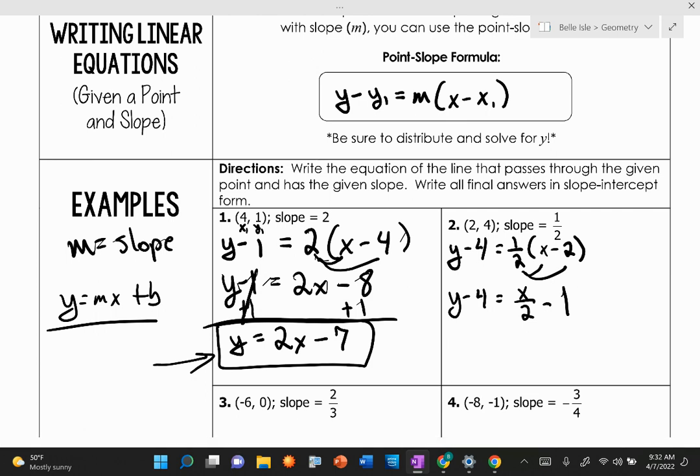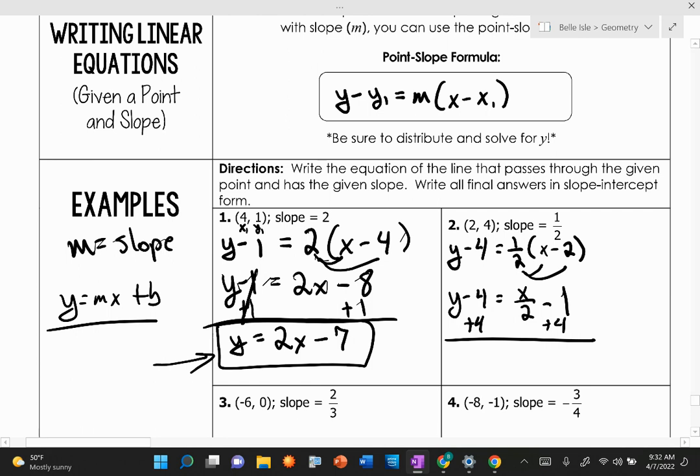What's our last step to get y by itself? You have to get rid of this 4. So add 4. Yes. Inverse operation of minus 4 is to add 4.